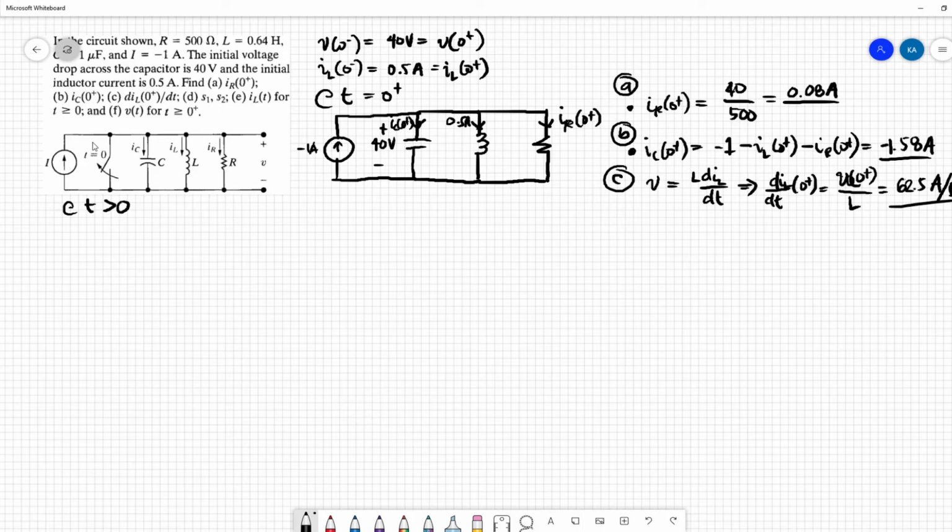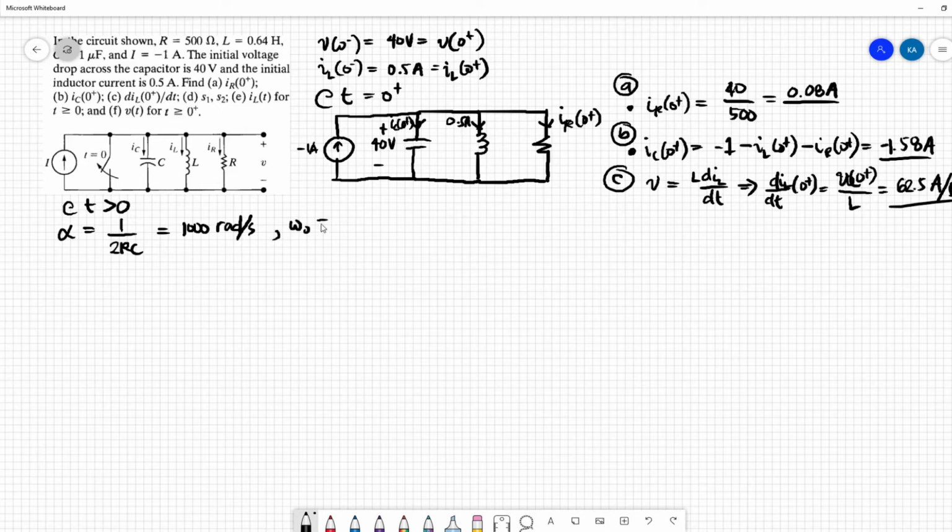Now for D, we have t greater than 0, so the switch is open, and we have a current source in parallel with the RLC circuit. Solving for alpha, we have 1 over 2RC, equivalent to 1000 rad per second.